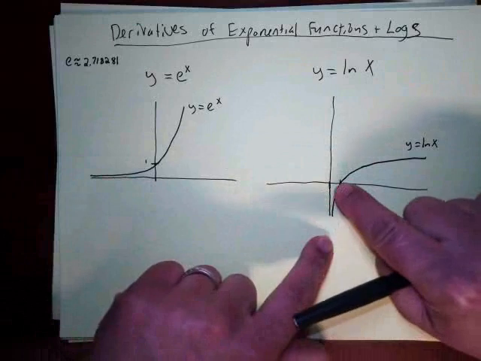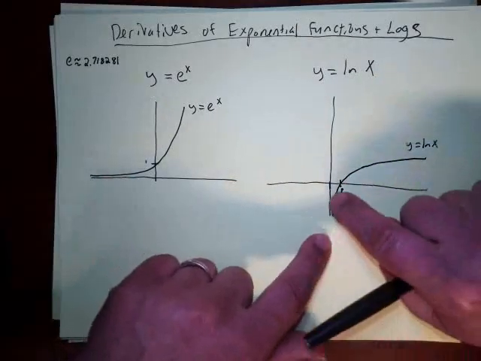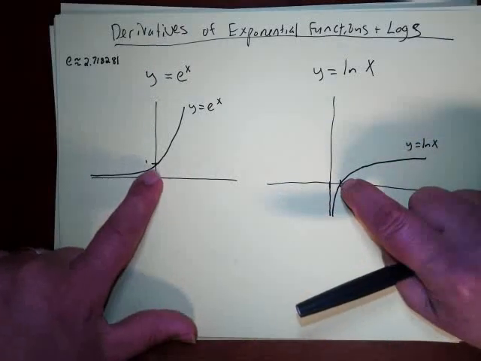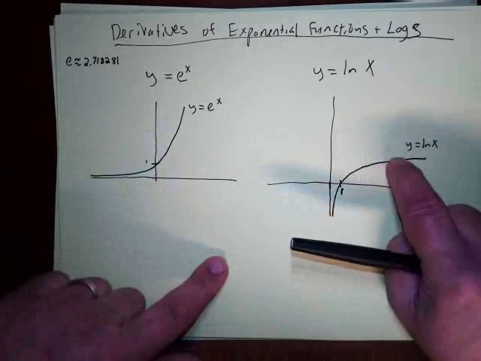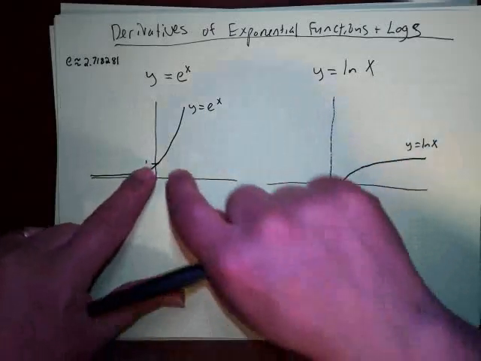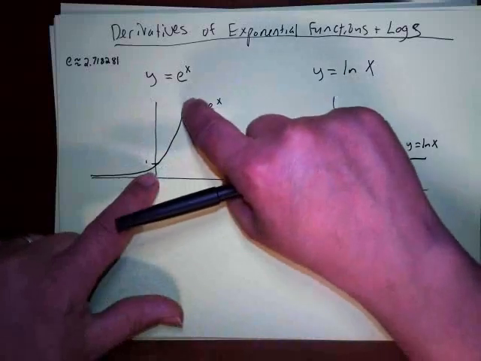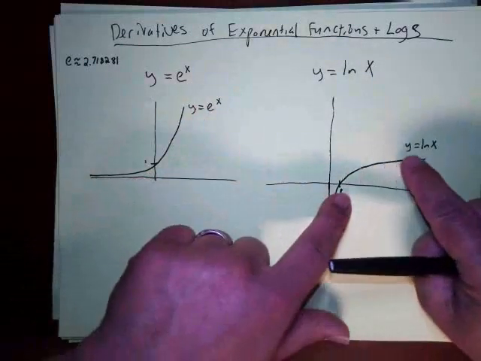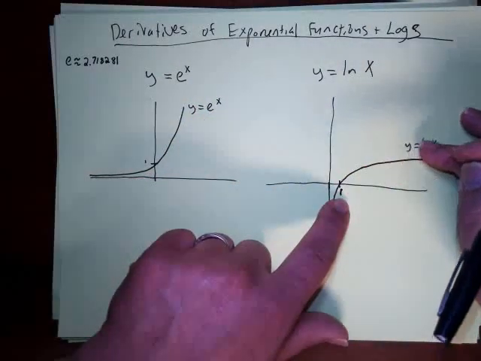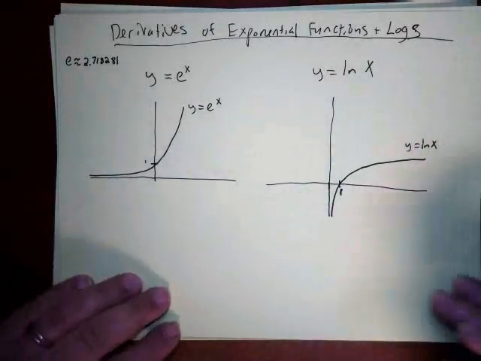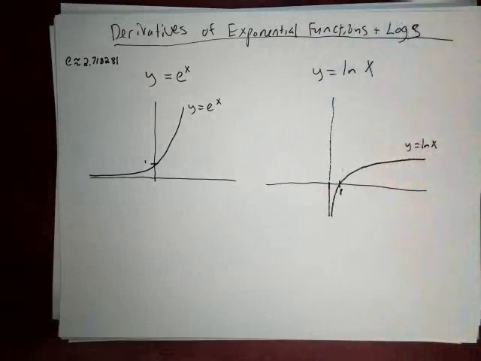Then it goes through the point 1, 0, right where this goes through 0, 1. That represents this growing really fast, while this grows very, very slowly, more and more slowly as you go on, but it does keep growing.